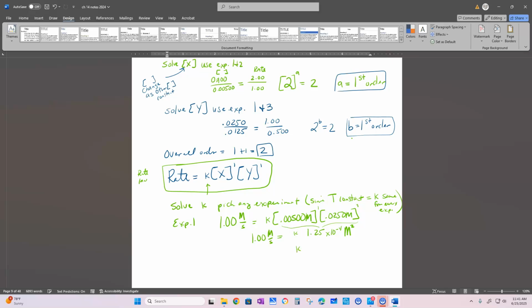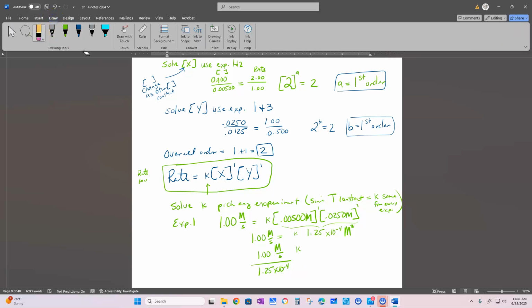Well, to solve for k, I need to divide each side by this 1.25 to the negative 4. So I'm going to take 1.00, big M over S, divided by 1.25 times 10 to the negative 4, M squared. Oops, let me fix that. M squared. Okay?